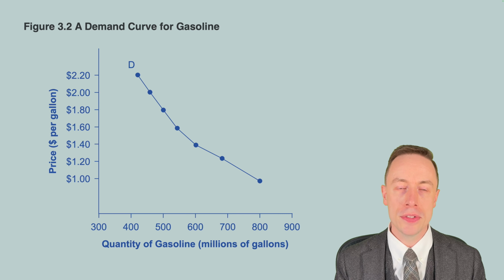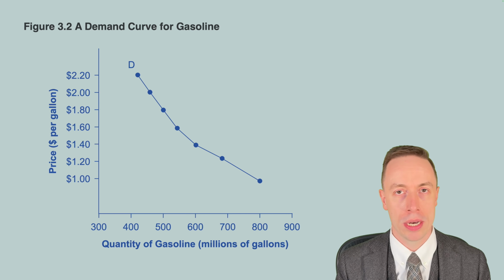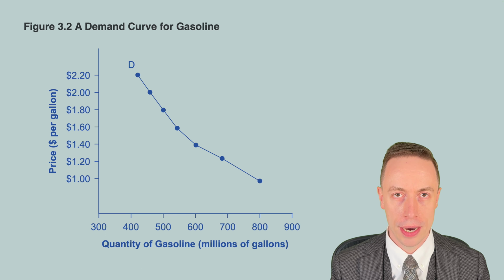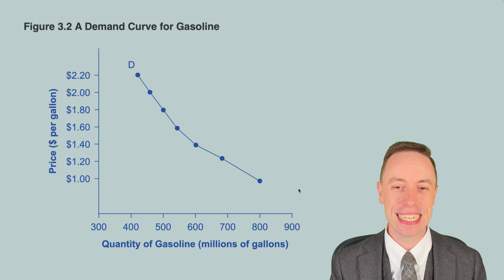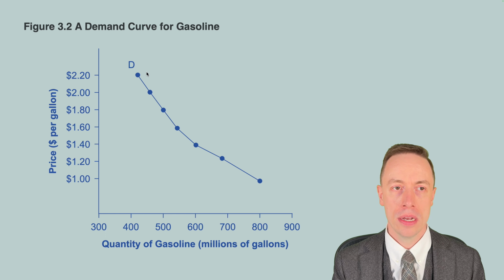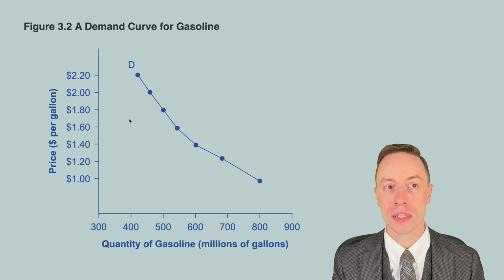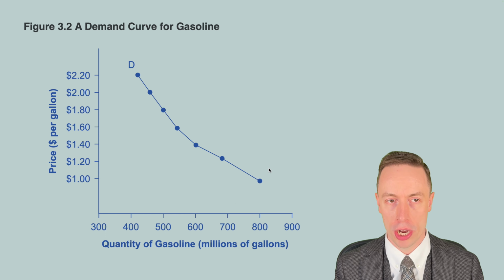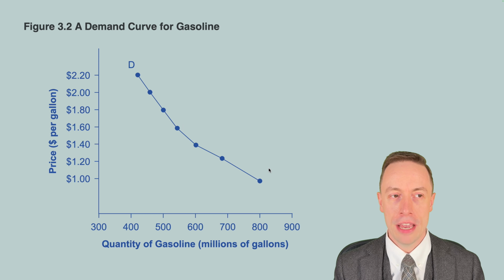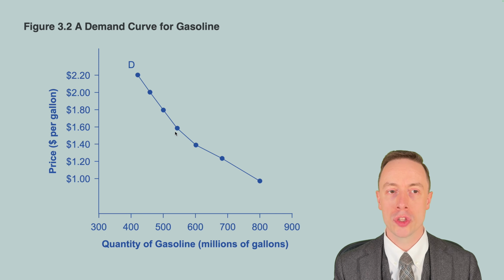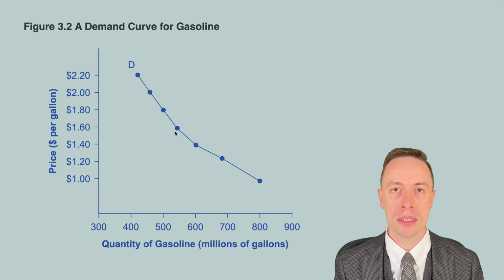So let me repeat the terminology that we are covering here one more time. This entire line here is what we refer to as the demand for a product. If the price of the product changes, let's say from 180 to 160, we are moving along this line, which means the quantity demanded will change.